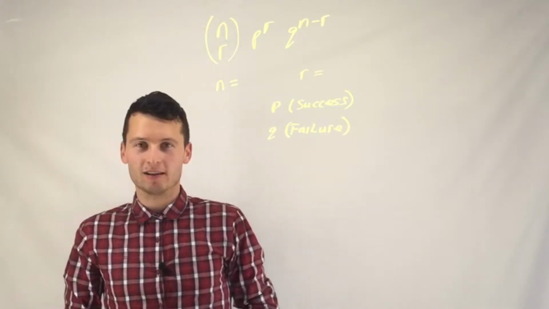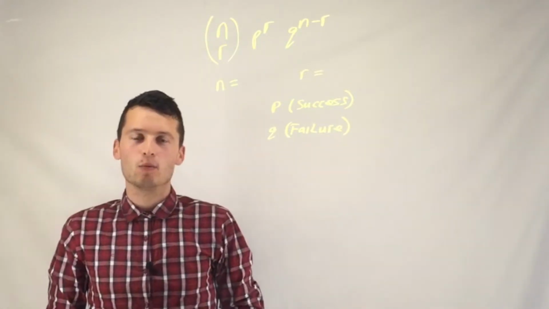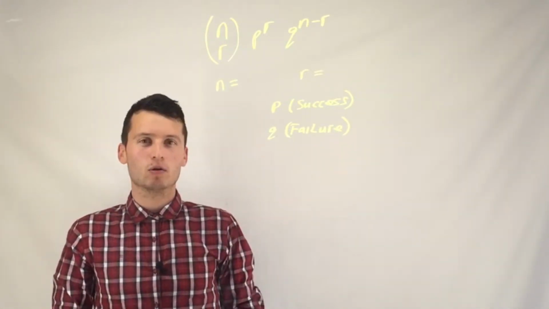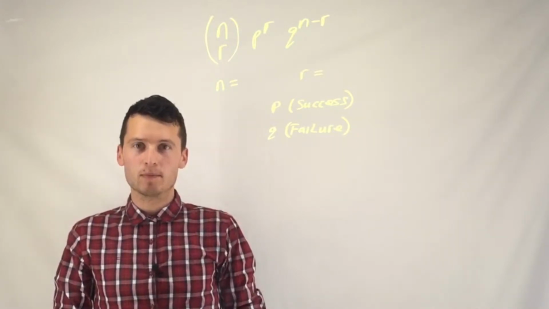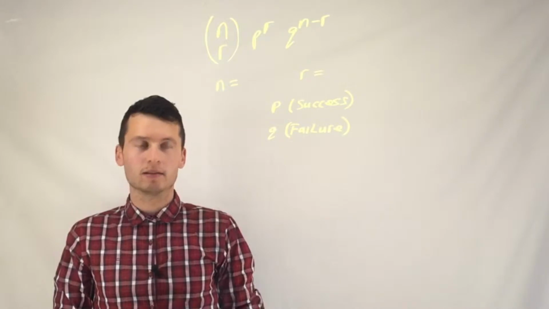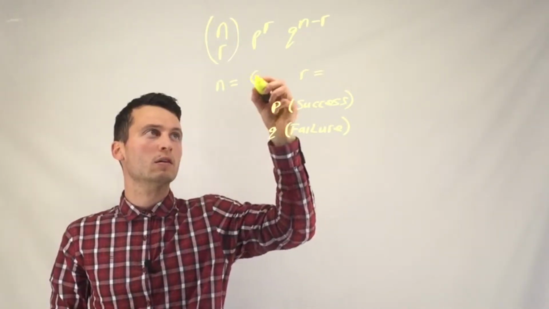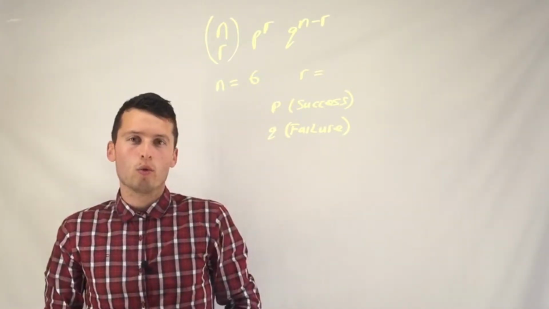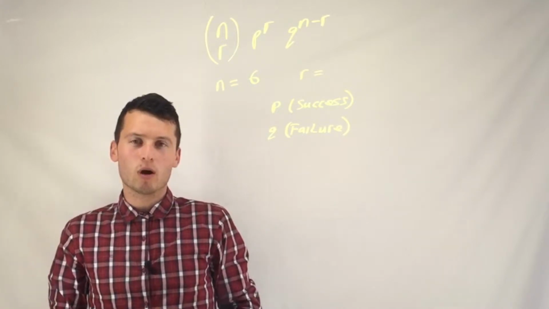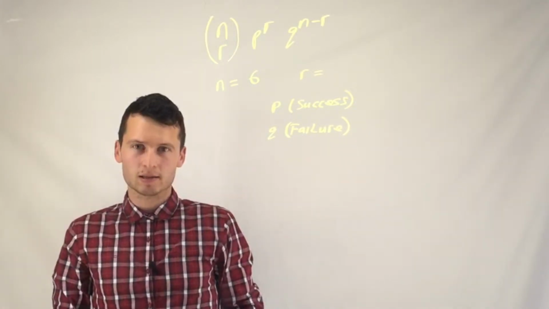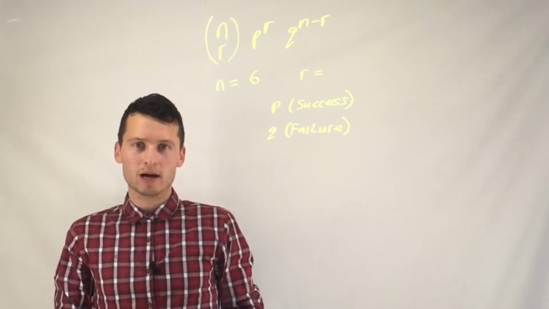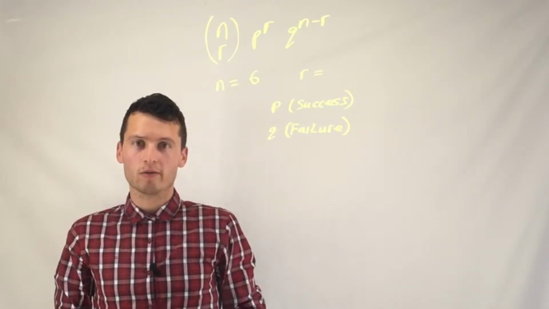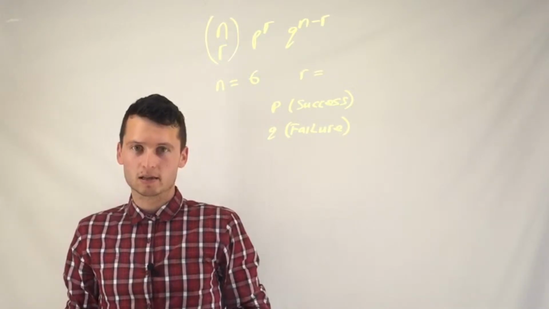So let's get started and fill in what we know. We know that there is a total of 6 trials, or in this case, there are 6 attempts on the basket. We also know that the required number of successes is 4 because we're looking for the probability that the basketball player will score 4 attempts out of 6 shots.